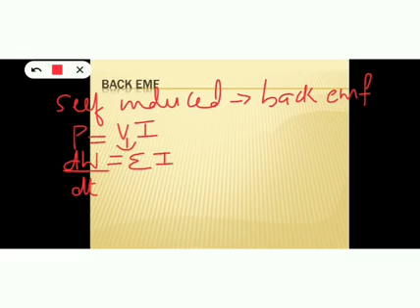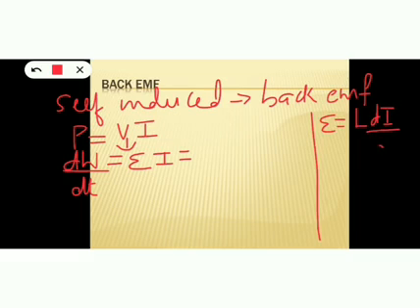And also in the previous slide we had discussed what is the expression for the self-induced EMF. It is minus L into di by dt, but here for our convenience we neglect that negative sign. We just consider the magnitude. So the induced EMF or the back EMF is L into di by dt. So here instead of epsilon, substitute L into di by dt into I. Okay.